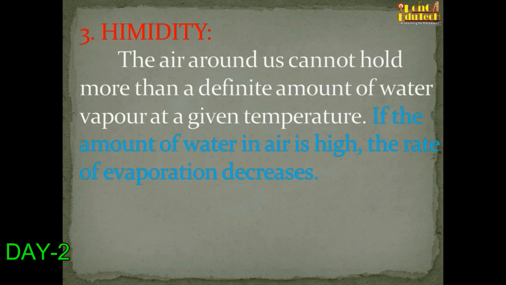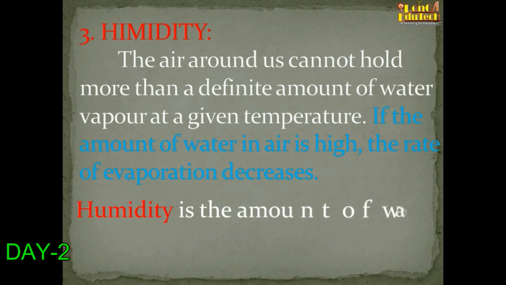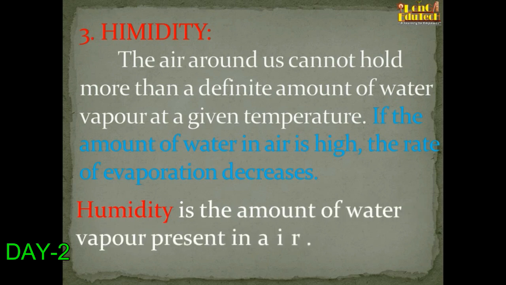And during the summer days, after a rain shower, we find water droplets in the atmosphere, and it makes it wet also, right? So the higher the content of water vapor in the atmosphere, the lower the rate of evaporation. Got the point? Humidity is the amount of water vapor present in the air. That's the third point.